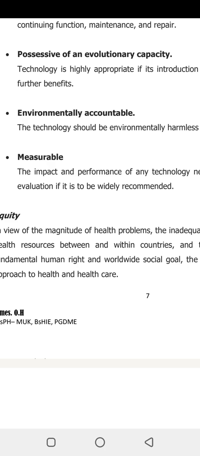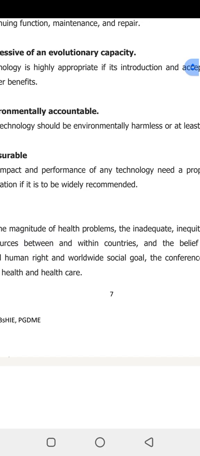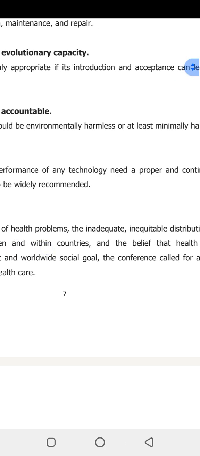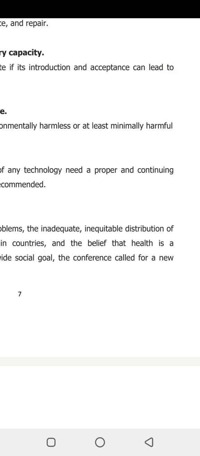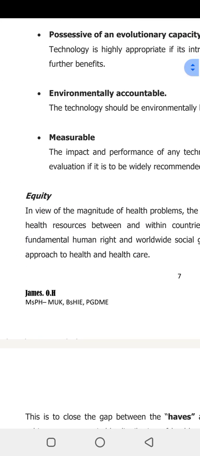Environmentally accountable. The technology should be environmentally harmless, at least minimally harmful. Here, the project that you bring into the community should not violate our nature.